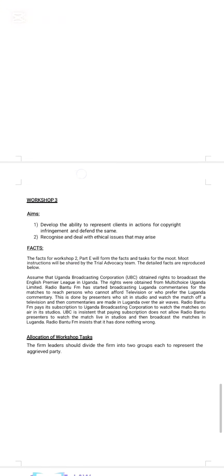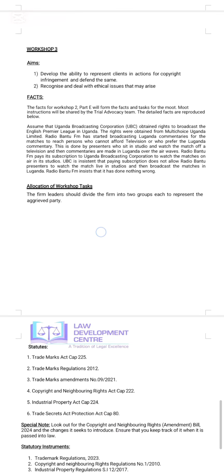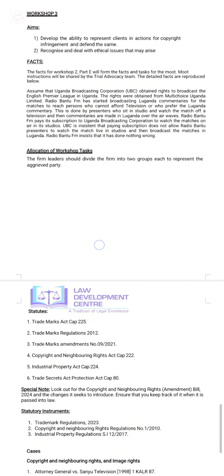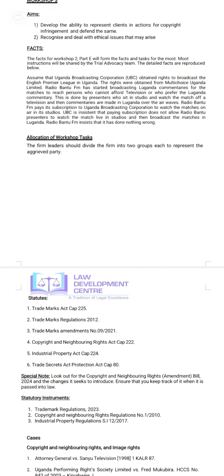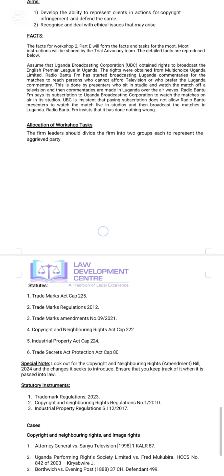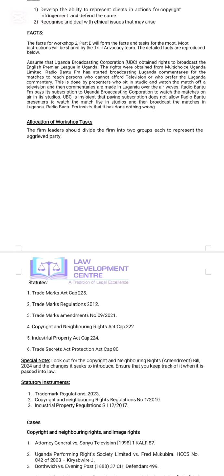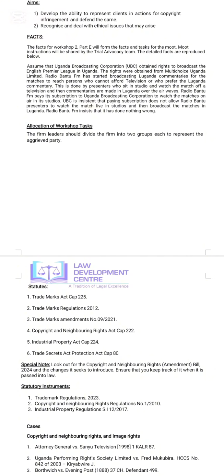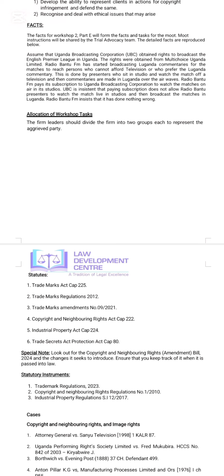So when you look at workshop 3, the facts of workshop 2 part E will form the facts and tasks for the moot. Moot instruction will be shared by the trial advocacy team. The detailed facts are reproduced below. Assume that UBC obtained rights to broadcast the English Premier League in Uganda. The rights were obtained from Multichoice Uganda Limited. Radio Band FM has started broadcasting Uganda commentaries for the matches to reach persons who cannot afford television or who prefer the Uganda version.